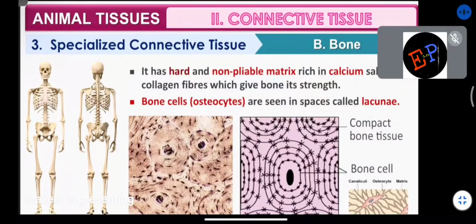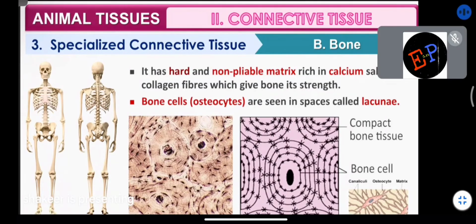Just like cartilage, bone is also similar. In cartilage you will find cartilage cells connected by a matrix which is flexible and uncompressible. But in the case of bones, it is made up of bone cells surrounded by an intercellular matrix which is not liable.